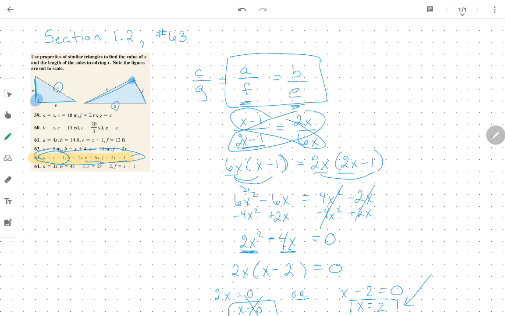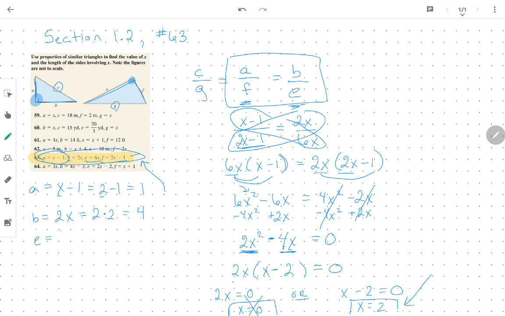So now I take my x equals 2 and I plug it in here to find A, B, E, and F. So A equals x minus 1, which equals 2 minus 1, because I'm replacing the x with a 2, and I get 1. B equals 2x, and x is 2, so that's 2 times 2, and I get 4.